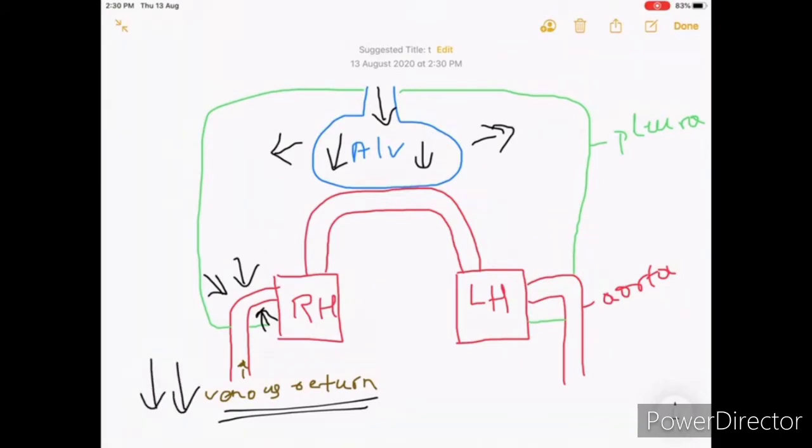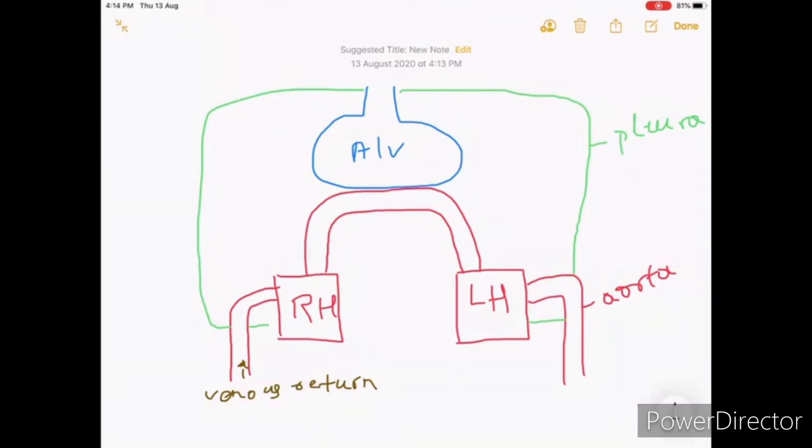When the venous return decreases, if you remember the Frank-Starling law, the preload decreases and therefore the stroke volume too should decrease. Therefore, the amount of blood that is pumped out of the right heart into the pulmonary vessels also decreases.